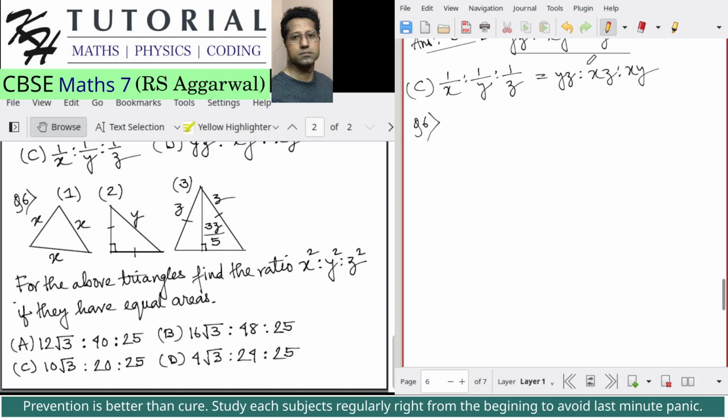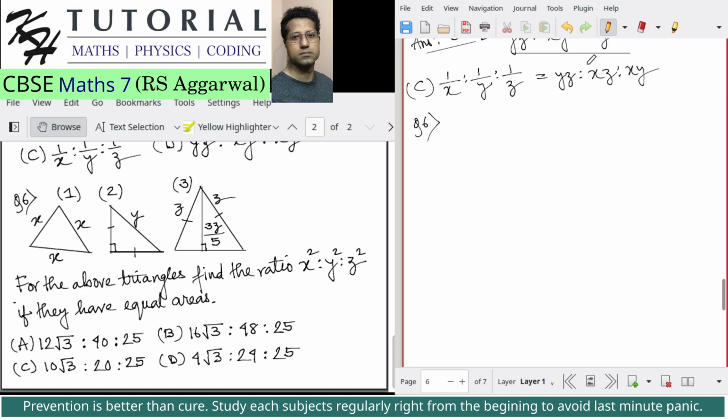In figure 2, we see it's a right angle triangle, the hypotenuse is y, and the legs are equal. In the third figure, it's an isosceles triangle, the equal sides are of length z, and the height corresponding to the base is 3z by 5.